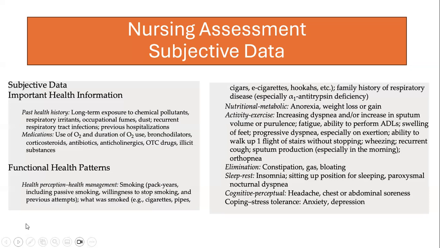Also, we need to dig deeper about the functional health patterns of the patient. It is important to know the health perception and health management of the patient, whether the patient have the habit of smoking and also how many packs and also how long, including passive smokings, if there is willingness to stop smoking, and also previous attempts.